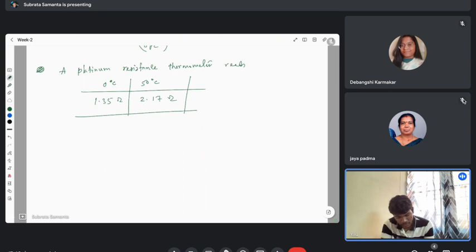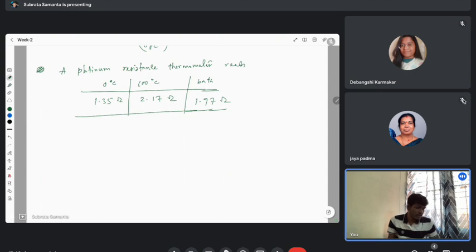So we are considering the bath temperature. So at the bath temperature it is 1.97, at bath temperature. So this is 100 degrees centigrade, right? So if the true temperature of the bath is, let's say, what is the bath temperature? So the bath temperature, let's say, 56 degrees centigrade. So calculate the value of the Callendar correction factor.